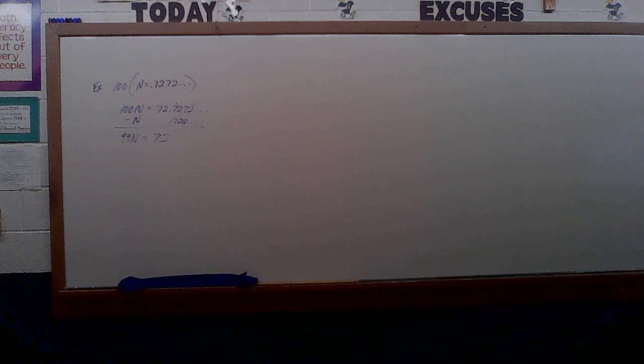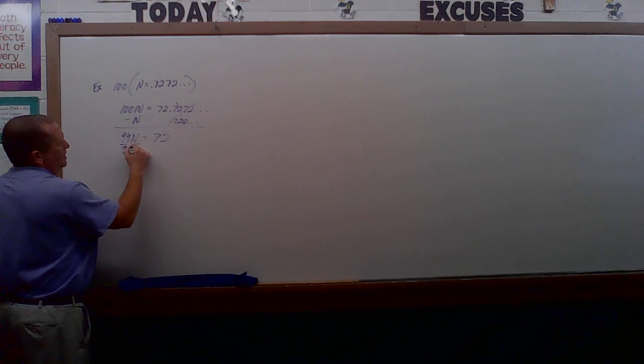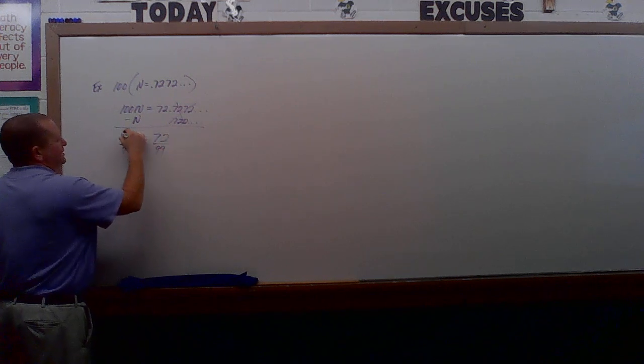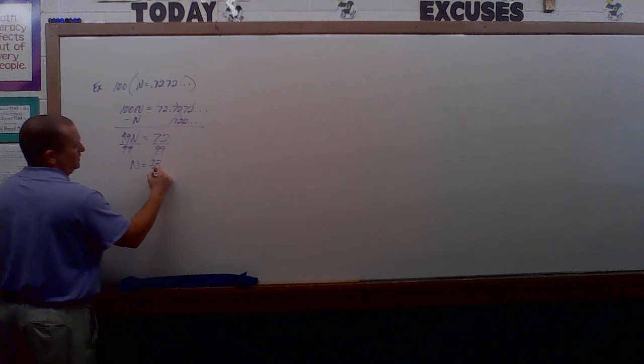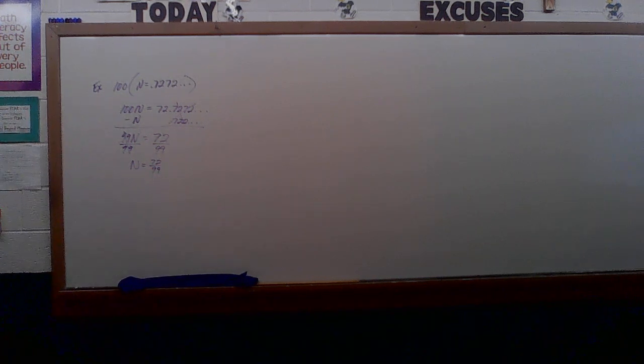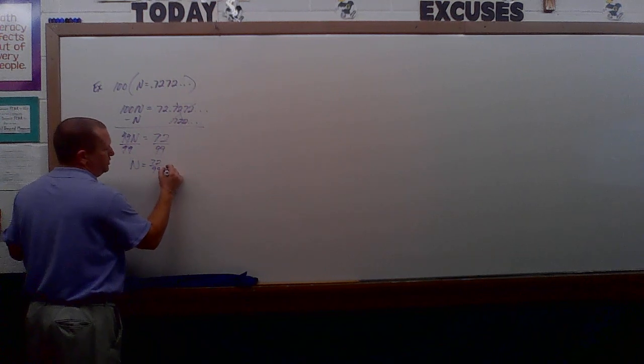Then how do I get n all by itself? Divide by 99. And last but not least, we should look to reduce. Can I take something out of both 72 and 99? Definitely 9. 3, but I'd have to do 3 more than once probably.